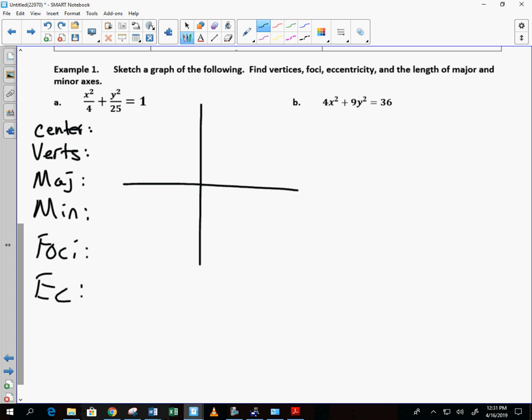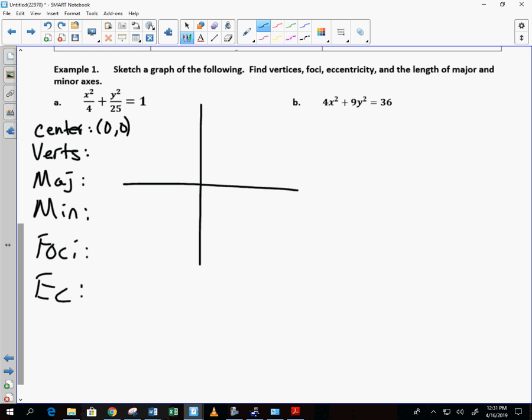All right, so we're going to sketch our first ellipse, and we're going to label these important characteristics: center, vertices, major axis, minor axis, foci, and eccentricity. The first thing that we do is, as we look at it, we identify where it's centered. Anybody determine where this is centered? Zero, zero. Parth, how many units is it stretched horizontally? 2.